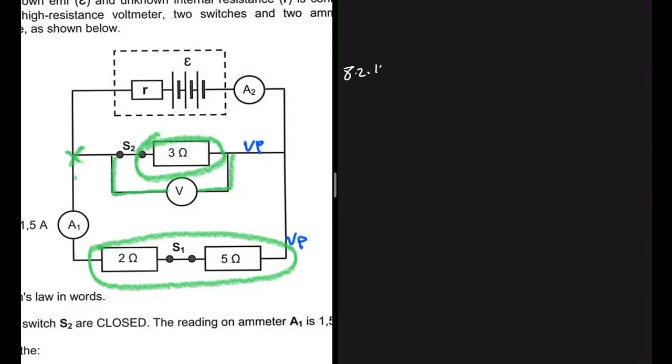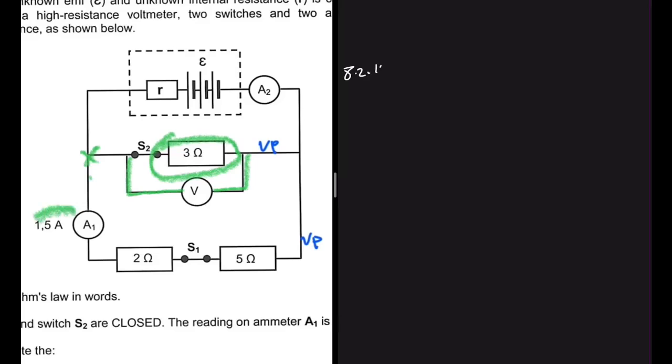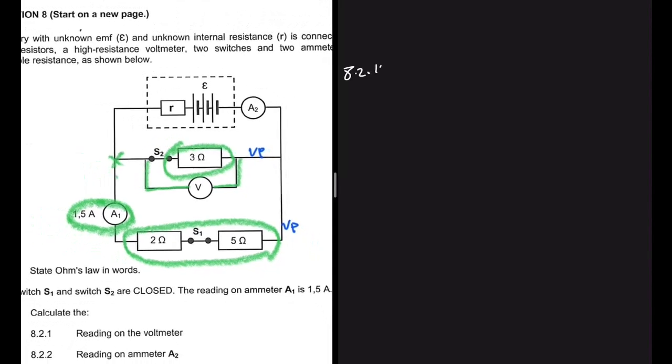So to find the reading on the voltmeter, we can use this current we are given in A1 and multiply it by the resistance of these two resistors. We can find the VP by doing that. It's going to be the same value that is in the voltmeter, because the 3 ohm resistor is in parallel with the 2 and the 5 ohm resistor, right?